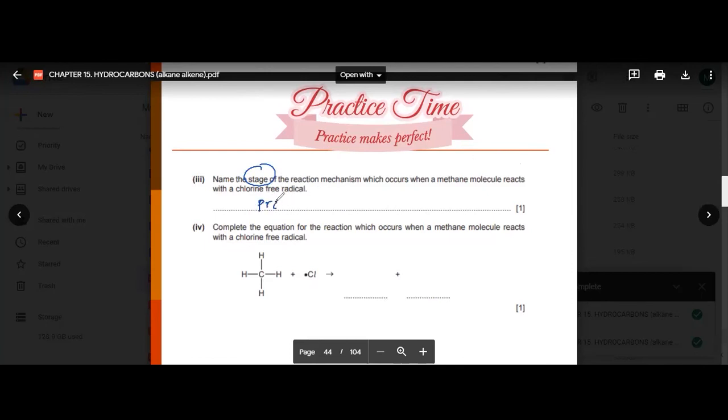It is propagation, when methane reacts with chlorine free radical. This is the propagation step. Complete the equation then: homolytic fission to form CH3 free radical and HCl.